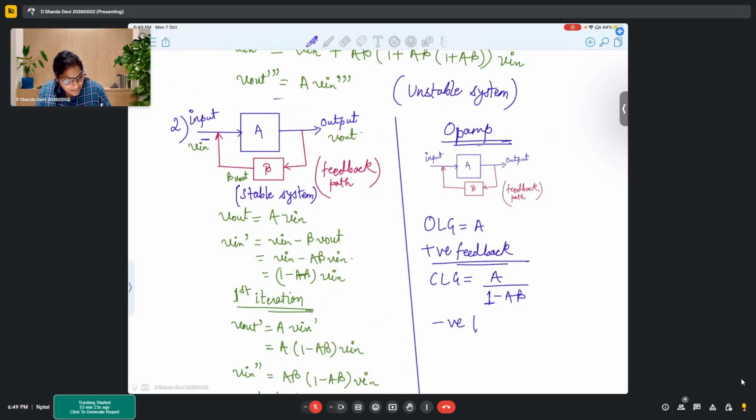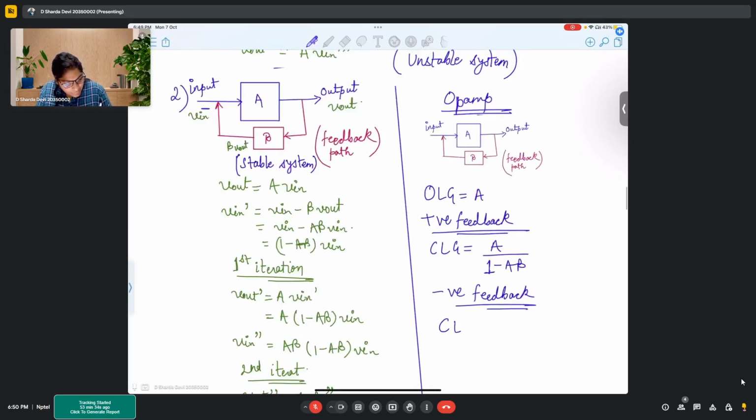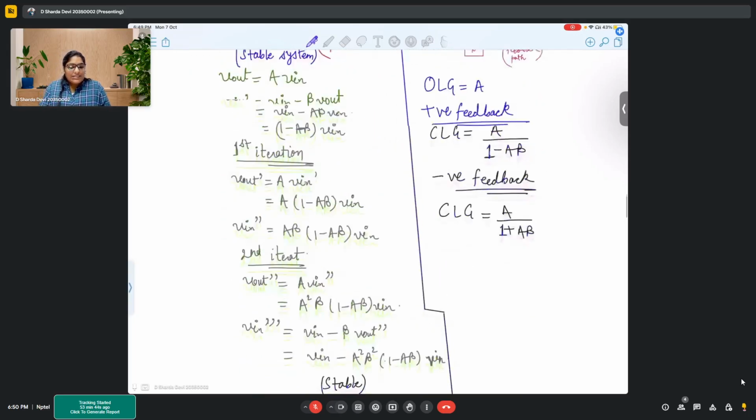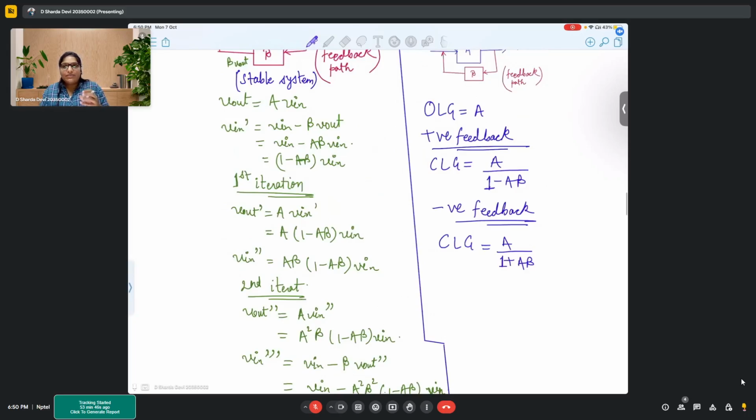With negative feedback, the closed loop gain of the system becomes A/(1 + Aβ). So you see, basically what is happening is the cumulative gain of your system is increasing with the positive feedback, but the gain is reducing with the negative feedback, right?